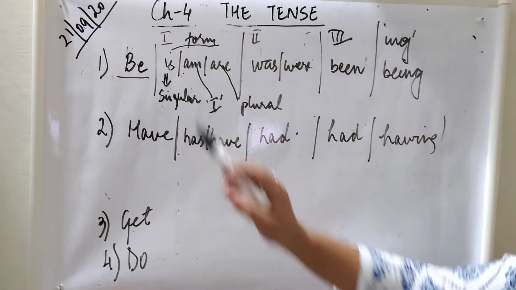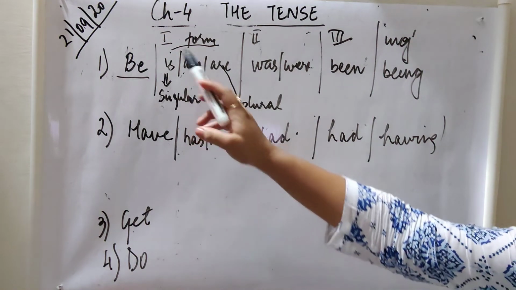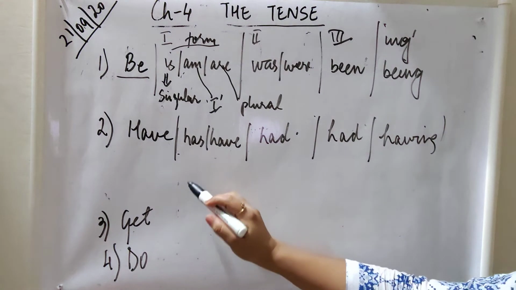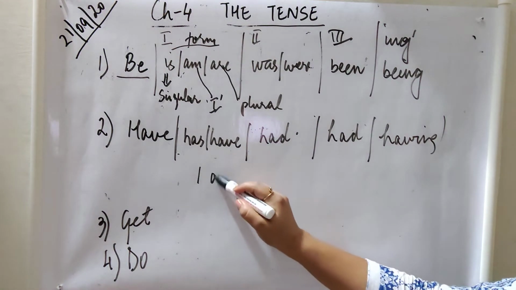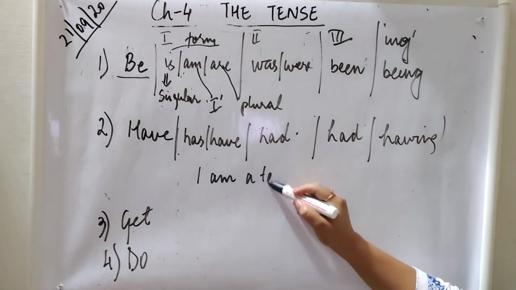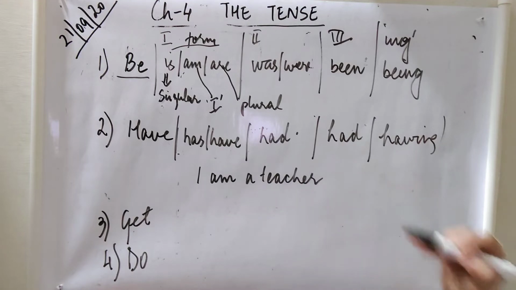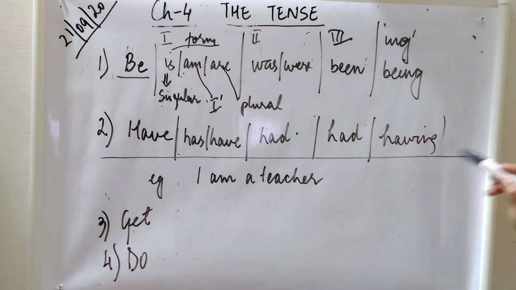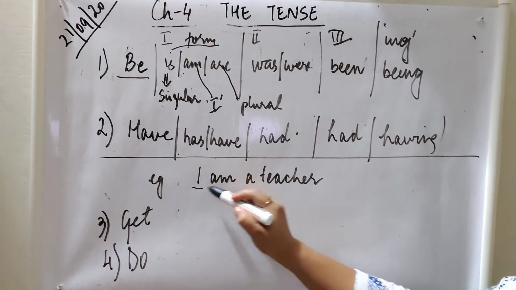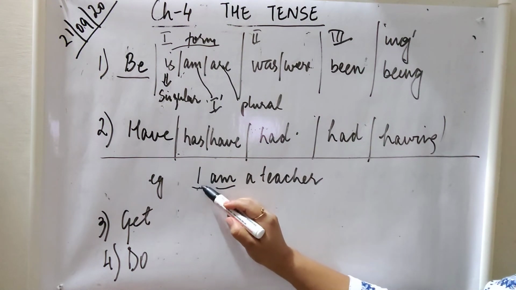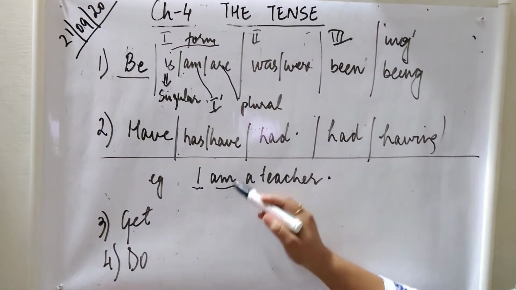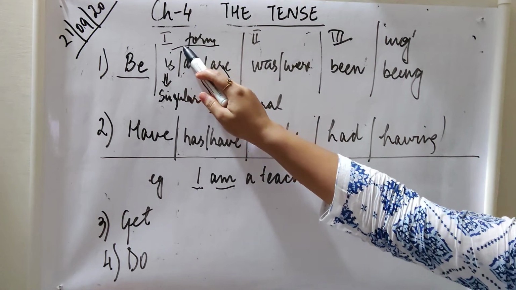Now when we talk about the present and about be as a main verb, if I say I am a teacher, this is an example. I am using am because my subject is I, and because I am talking about the present, I am using the first form.